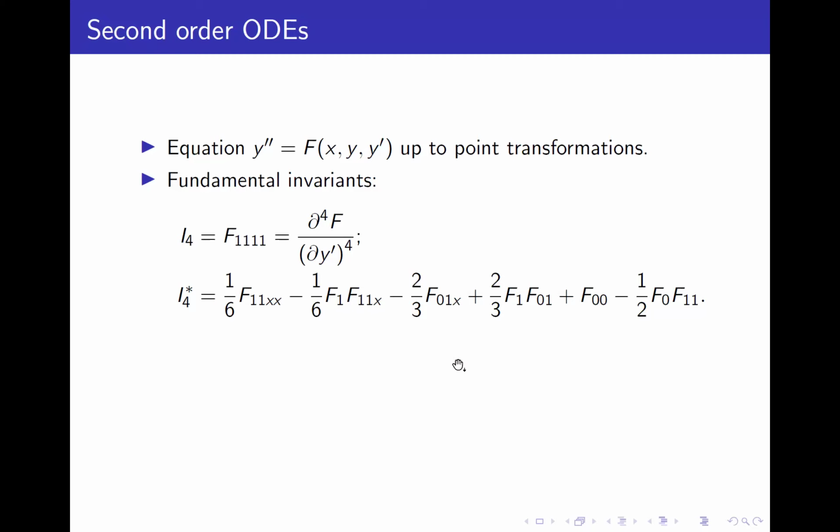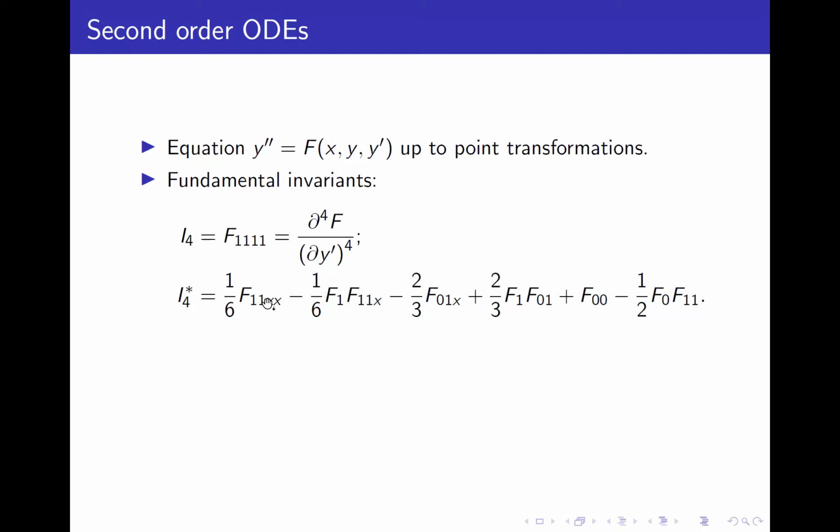I should have probably written this down here, but that's just very standard notation in this area. And you see that the first invariant in particular means that the class of equations which are cubic with respect to y prime is invariant under point transformations. So if the right-hand side is just a cubic polynomial with respect to y prime, any change of variables transforms it back to the same form.